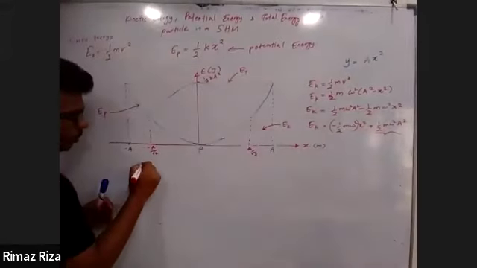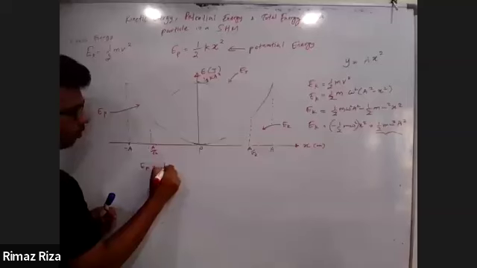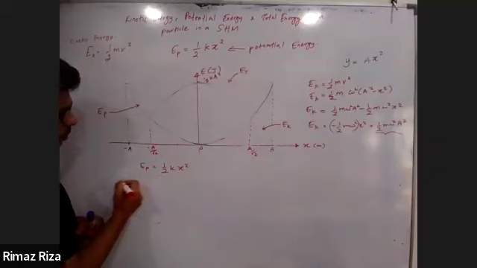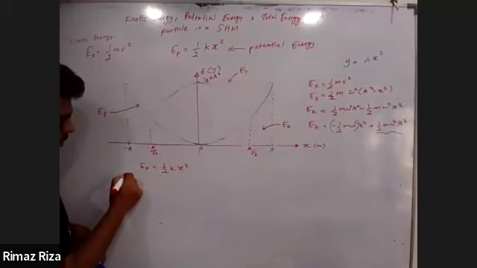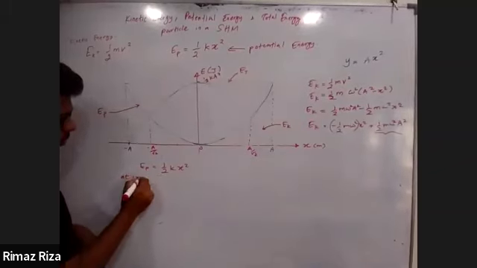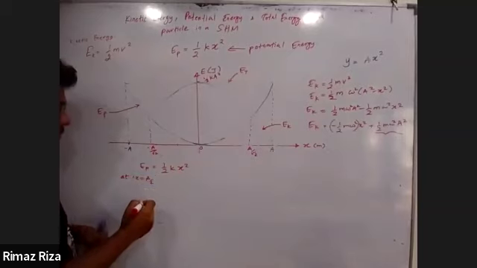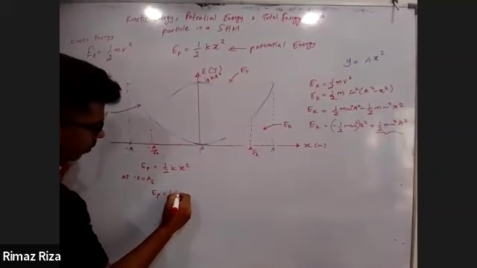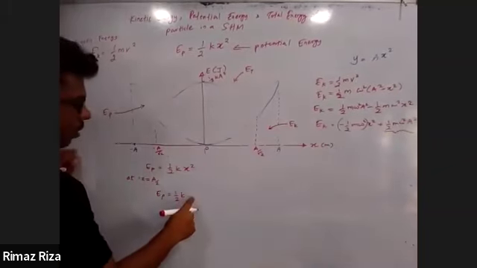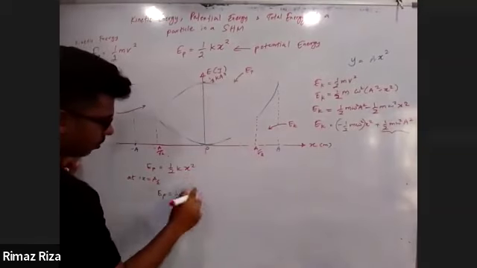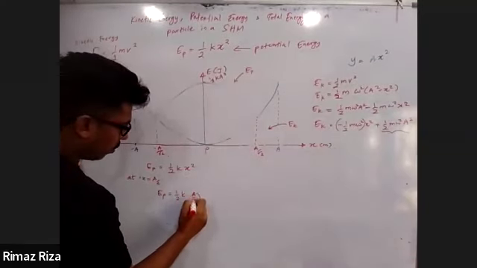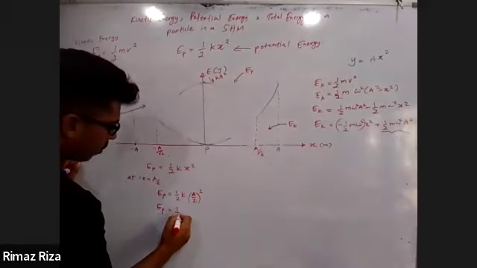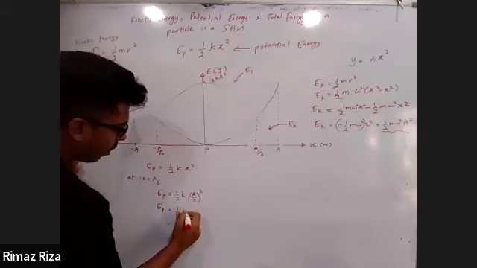So first we can find the potential energy. EP is half k x squared. So at x equals a over 2, EP is equal to half k times a over 2 whole thing squared. So EP equals 1 over 8 k a squared.